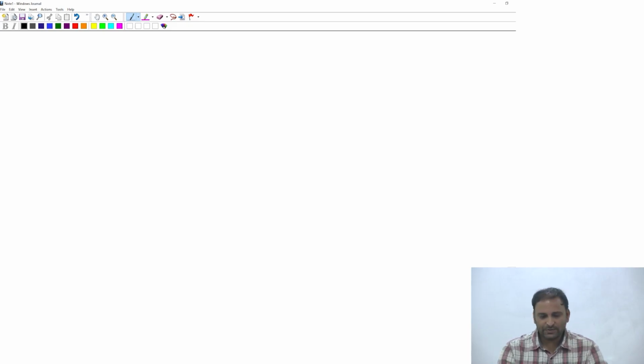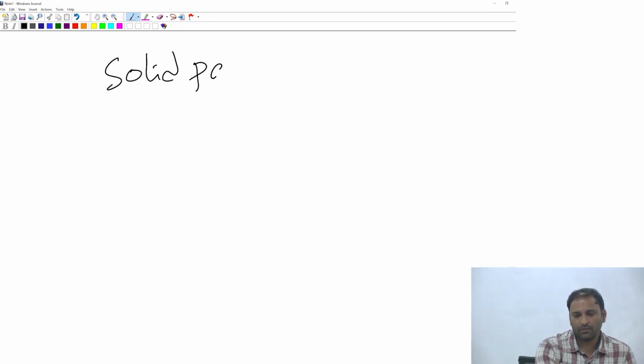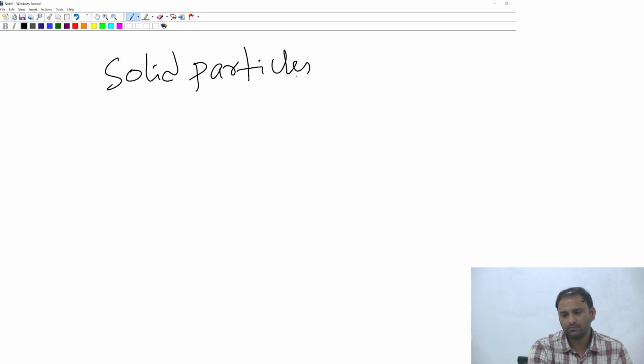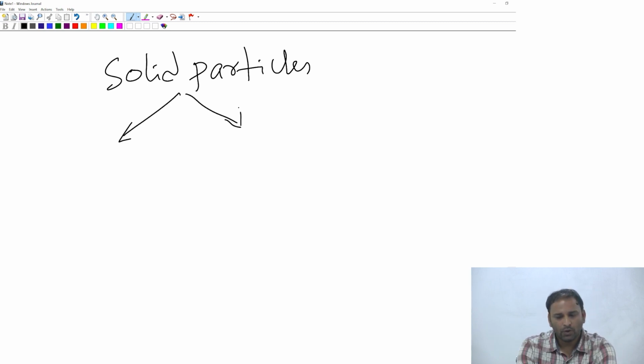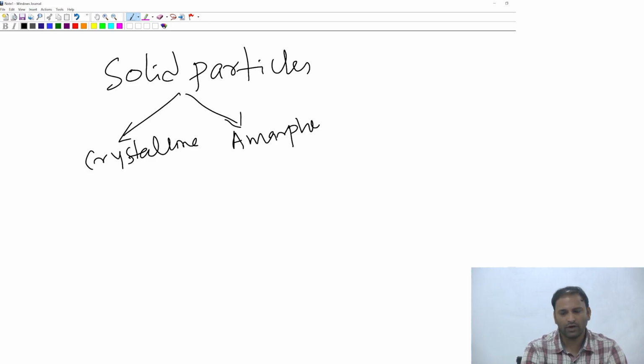Now, specifically, if you come to solid particles. People may be working with particulate solids, which could be crystalline or amorphous.